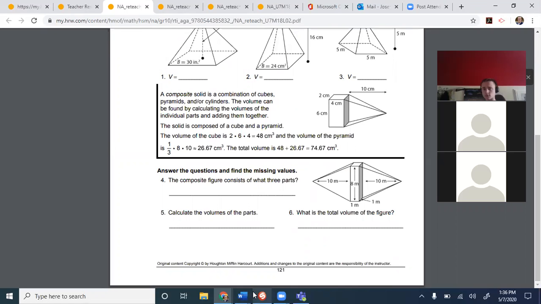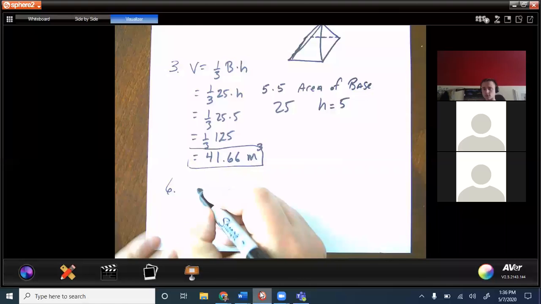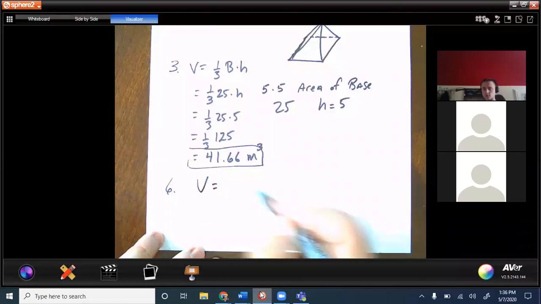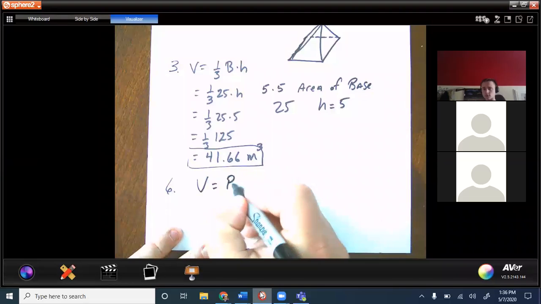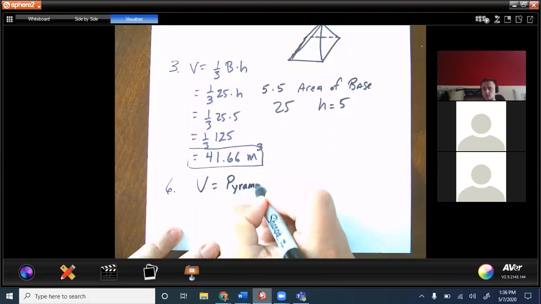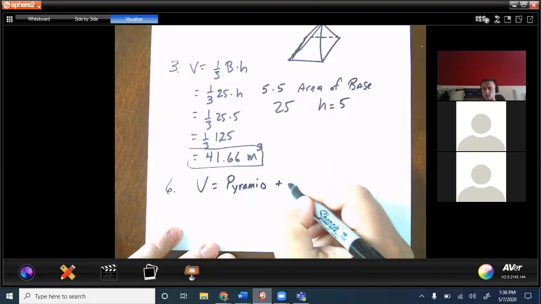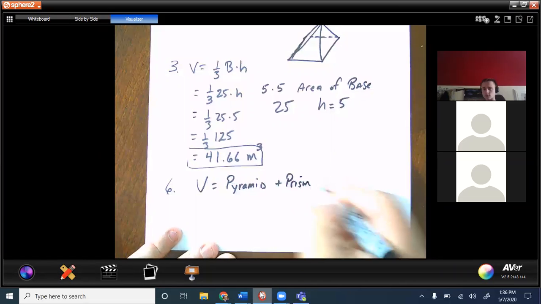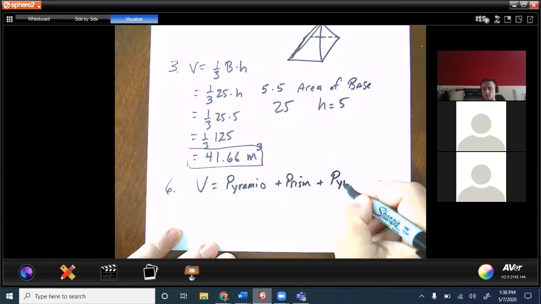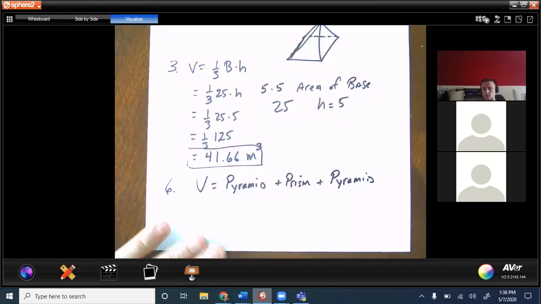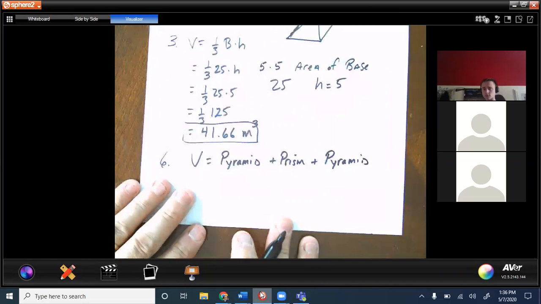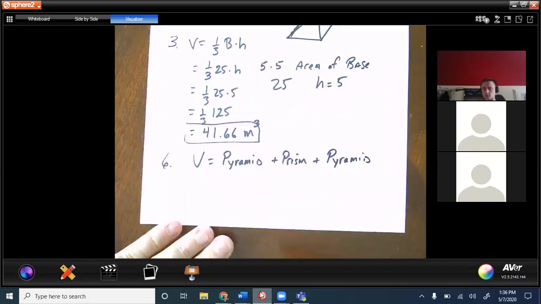Okay, so this is kind of a long way to look at it, but this is how I like to look at it. Okay, volume of pyramid plus prism plus pyramid. Okay, because there's 3 parts. It's a composite figure. There's 3 parts.